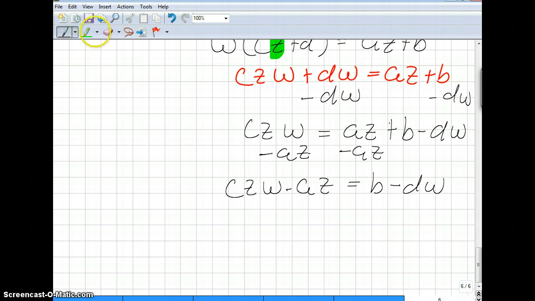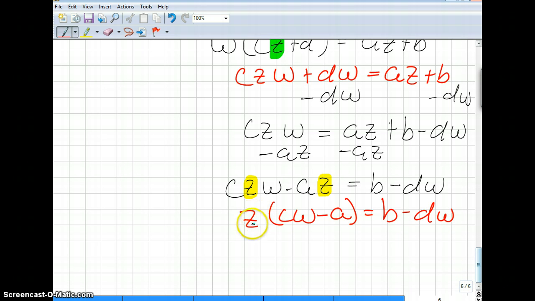Now what we're going to do is we're going to use the reverse of the distributive property, and we're going to factor out the Z. And we're going to get Z times CW minus A equals B minus DW.